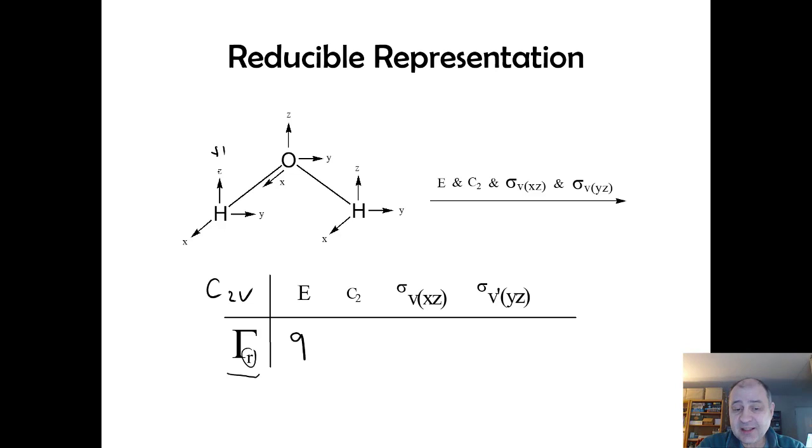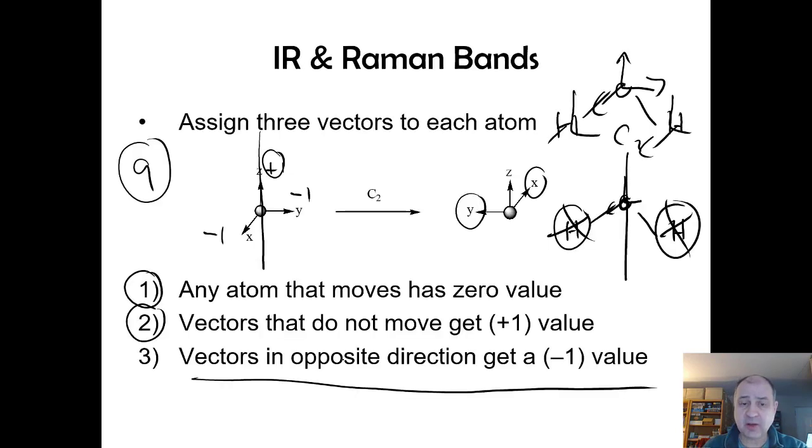We already did the C2. 2 atoms move, and so we end up with a -1 character for the reducible representation. Again, it's just like what we looked at. We have a single atom, and 2 of them are moving, 1 of them stays put. If you add all this up, you come up with an overall -1 value.